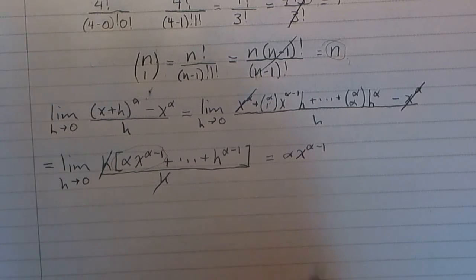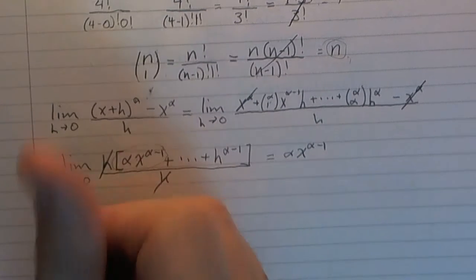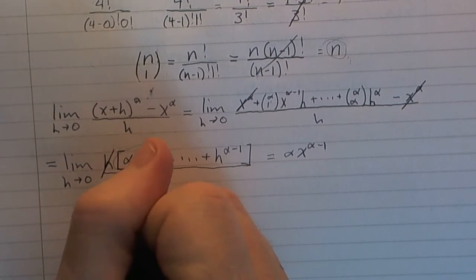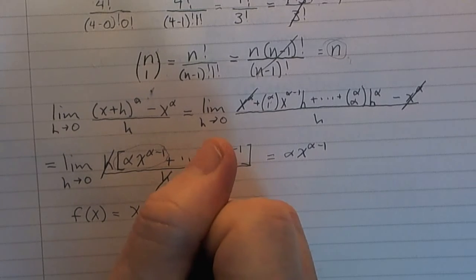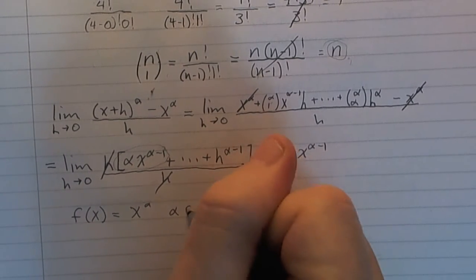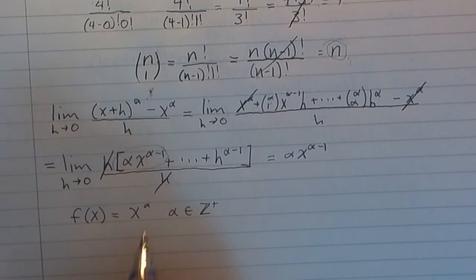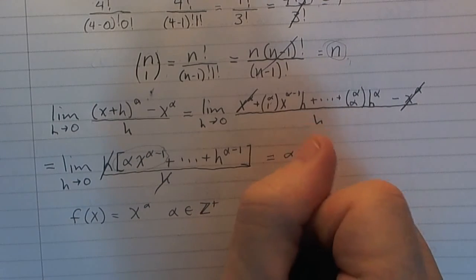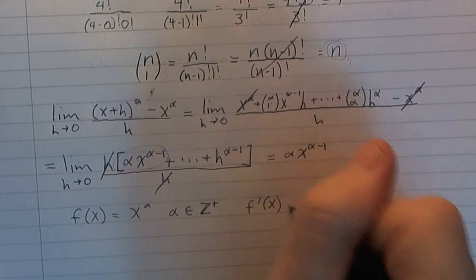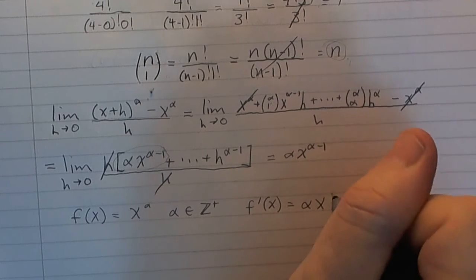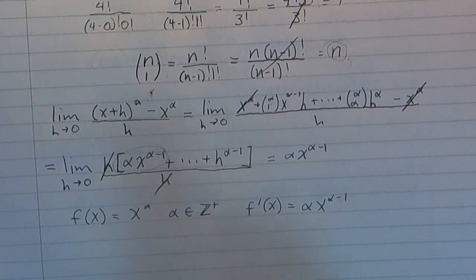Now that shows that if we have f of x equals x to the alpha, where alpha is an element of the positive integers, then we've shown that f prime of x is equal to alpha x to the alpha minus 1.